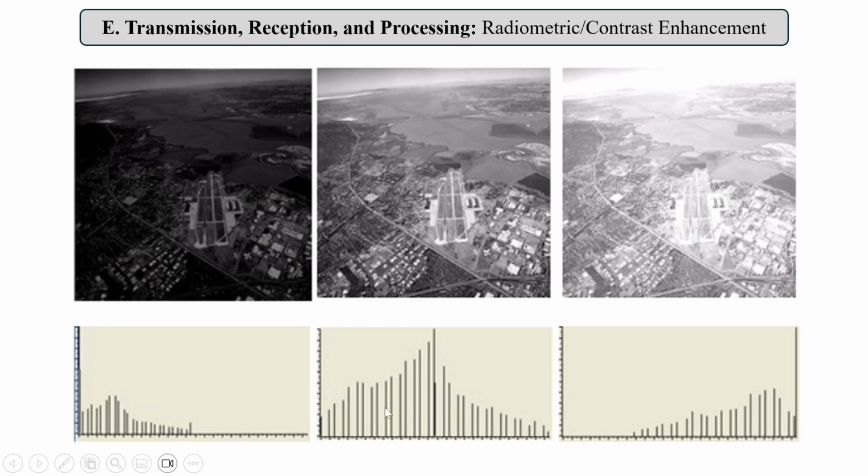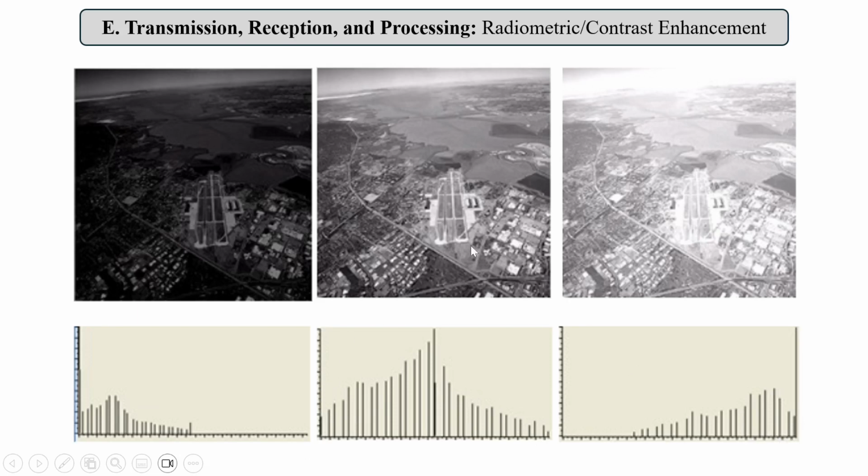Now if you look at this image, it is brighter, and if you look at the DN values, it is skewed towards the higher DN values.